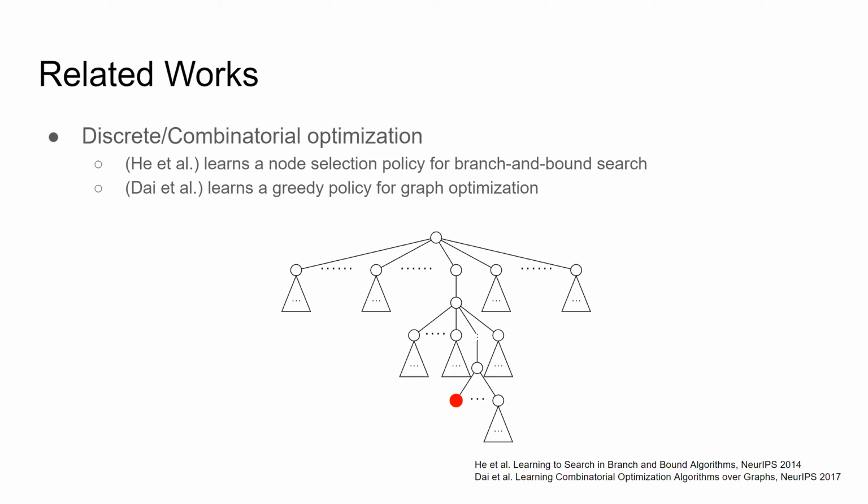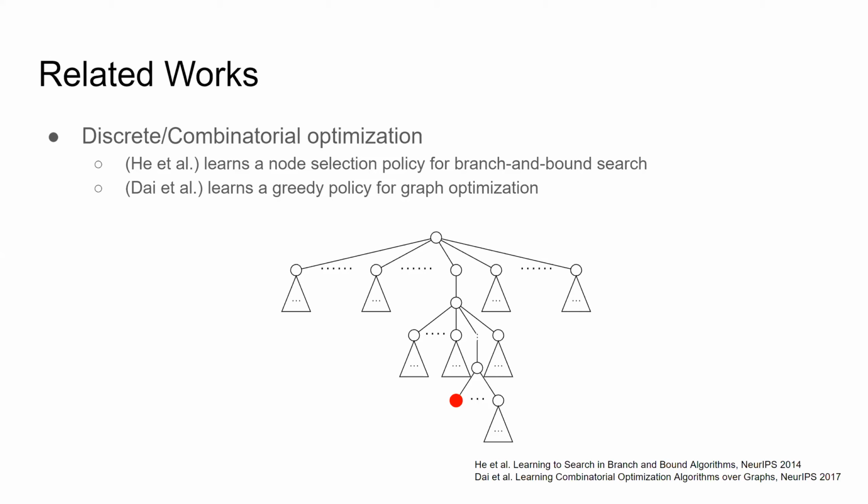I'll go through quickly some related works in this learning to optimize domain. This will be a very tiny slice of the materials we cover for this class, and some of which has already been covered in previous lectures. The first class is discrete and combinatorial optimization problems. These are problems involving discrete decisions I can make, for example, how to generate a schedule or how to allocate some resources.